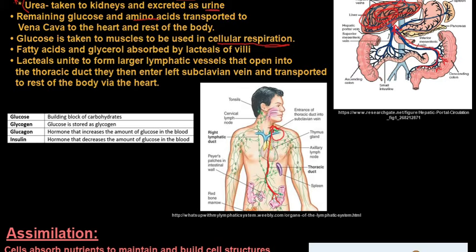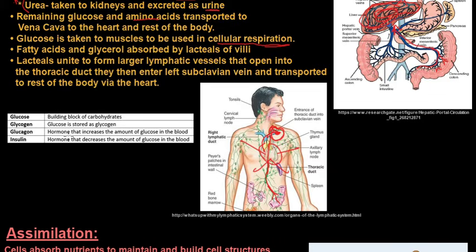Then, can you see that area over there? We've got the vein merging with that thoracic duct from the lymphatic system, and that's the left subclavian vein. So these two things merge at that point, and then the fatty acids and the glycerol go into the heart and are then distributed to the rest of the body.